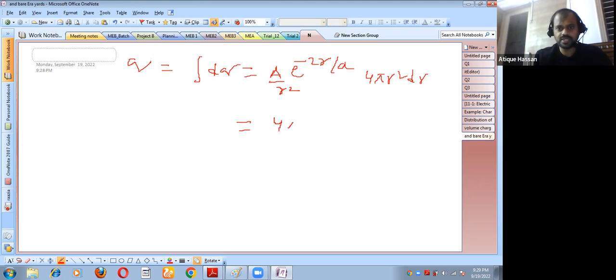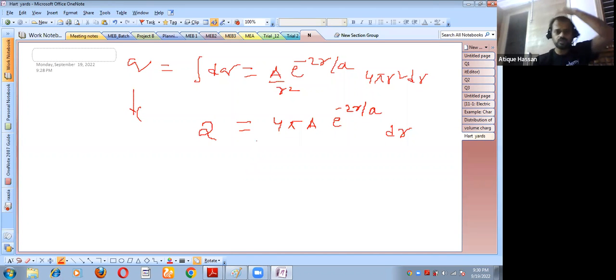So we will get 4 pi a e to the power minus 2r by a dr. And in the question, the value of total charge is given as capital Q, right? And r will vary from 0 to r.